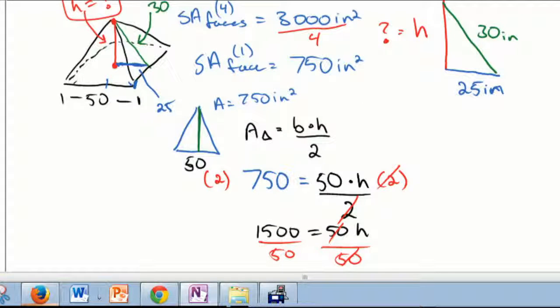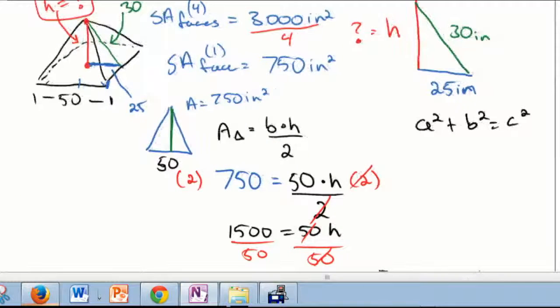So write down my Pythagorean theorem, a squared plus b squared is c squared. In this case, c has to be the 30. The h is what I'm trying to find, so h squared, plus the 25 squared, is equal to 30 squared.